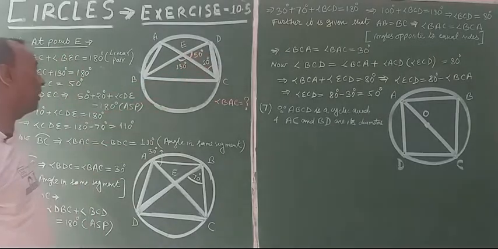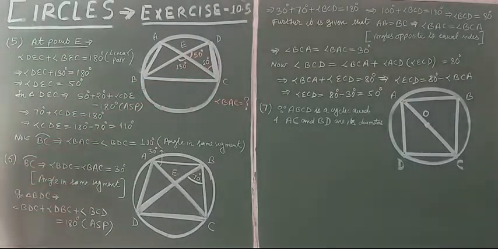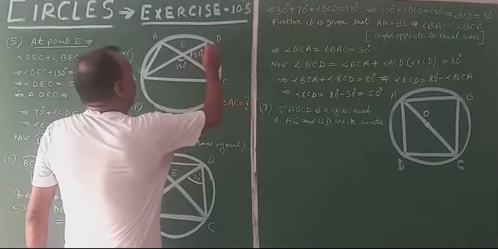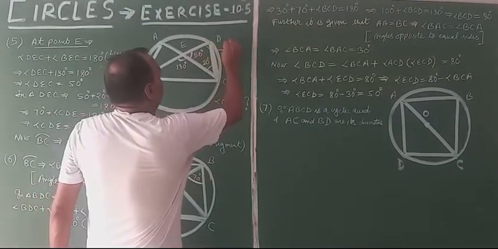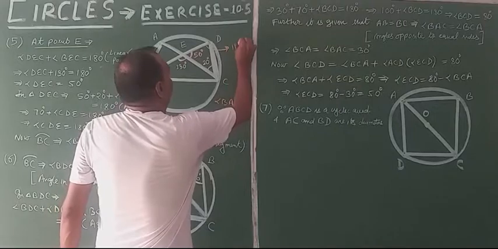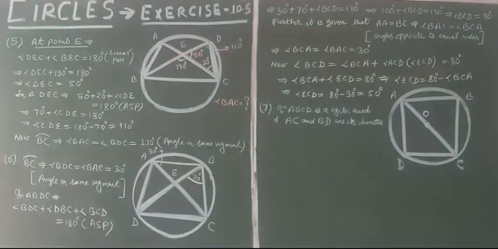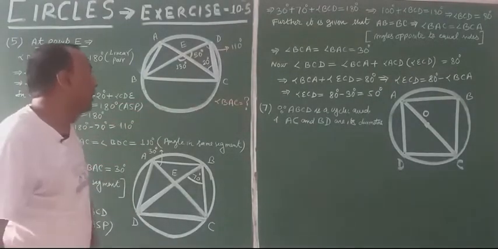It means angle CDE will be 180 minus 70, which is 110 degree.